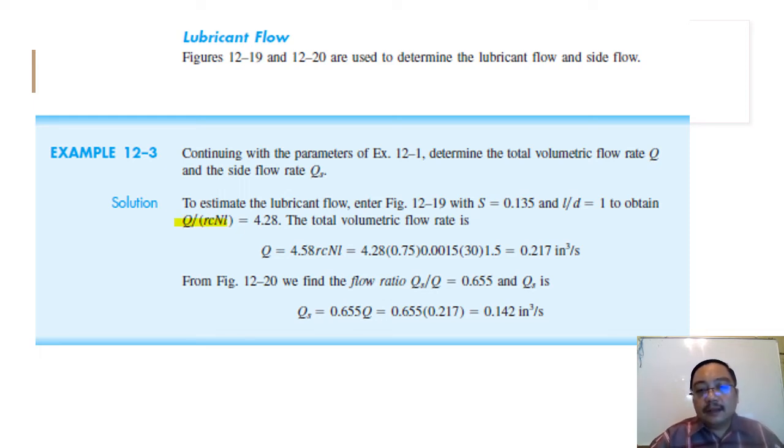Total volumetric flow rate Q is equal to this equation, and you get 0.217, and the side flow ratio Qs over Q equals 0.65, and Qs equals 0.12 inch per second. All this data you will get from figure 12.19.